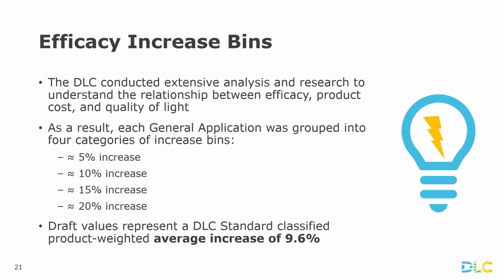And because the number of products in each general application varies, the DLC standard classified product weighted average, so this is weighted by the number of products in each general application, resulted in this efficacy increase of 9.6%. And I'll give you an idea of how this worked out.